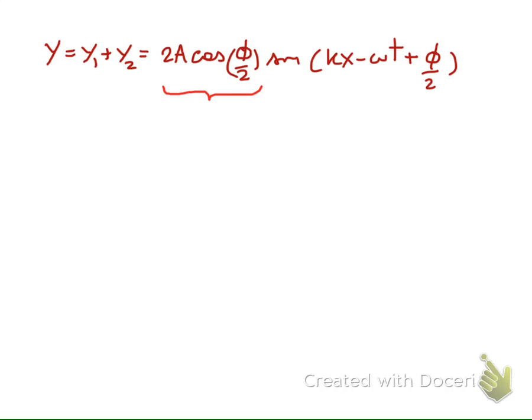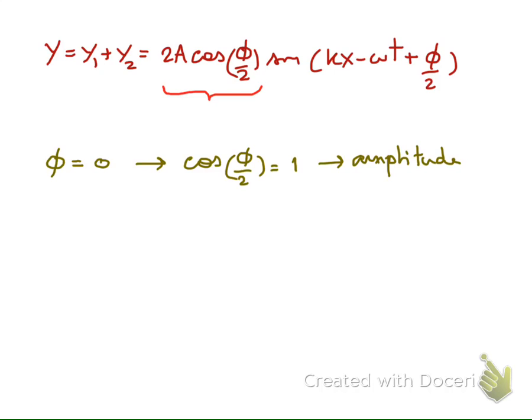We can see that if phi is equal to 0, cosine of phi over 2 is equal to 1. So the amplitude of the resulting wave is equal to 2a, which means 2 times the amplitude of each wave.